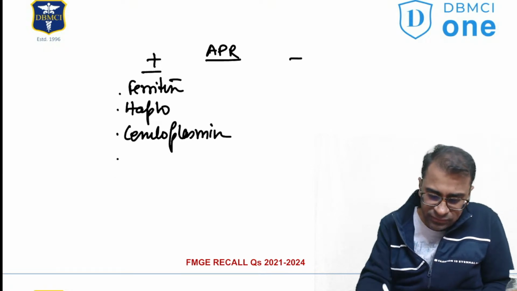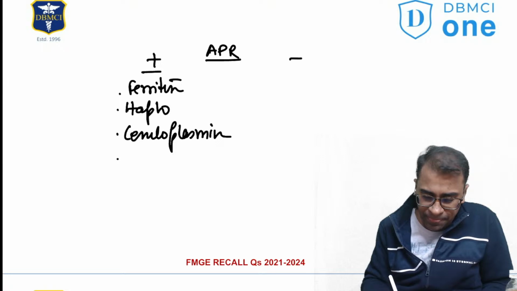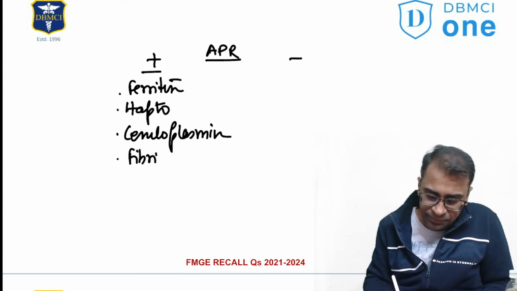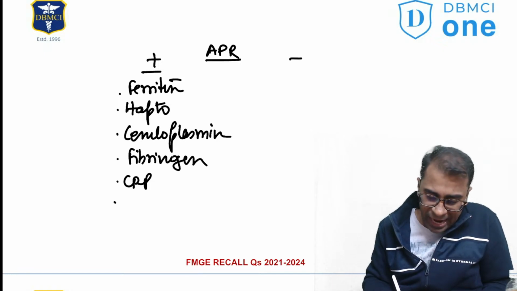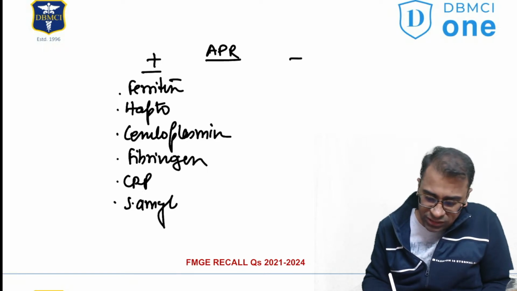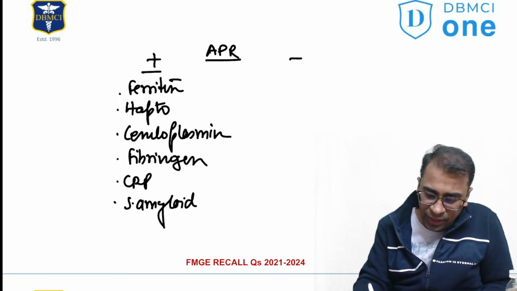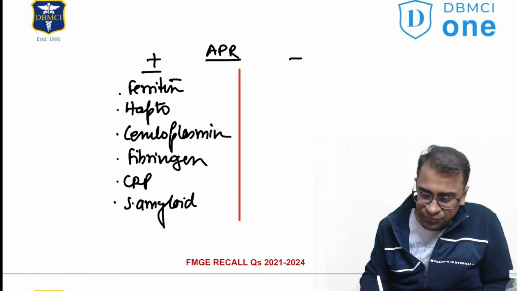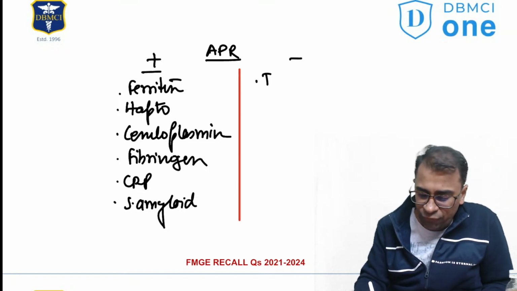Apart from this, it can also be fibrinogen, okay, CRP, and it can also be the serum amyloid. So these are the positive APR. Just remember, because of the increase of ferritin, there is a decrease of transferrin. So often transferrin becomes a negative APR.